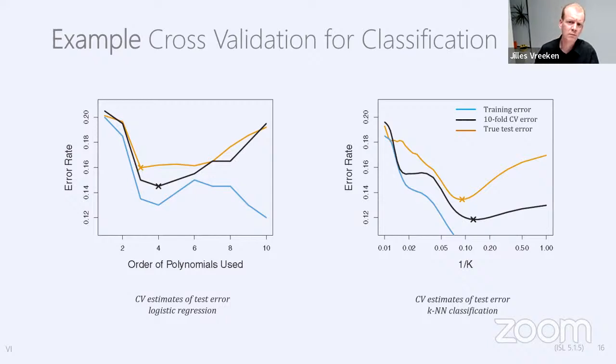On the right-hand side, we do exactly the same thing, but now for k-nearest neighbor classification, where we vary the value of k from all of the data to just one data point. K is 1 on the right-hand side. And as you can see, for the training error, the lower the value of k, the more we overfit. Then it goes down.